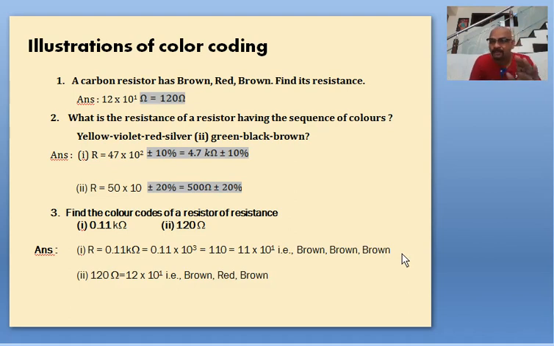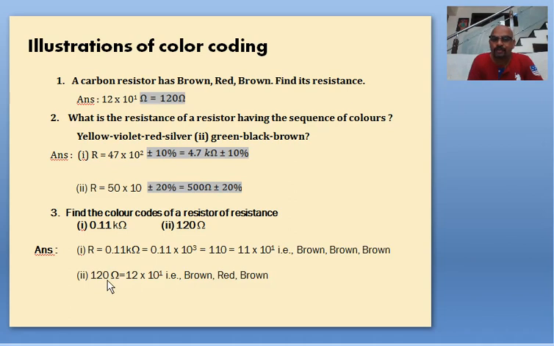So if the value of resistance is given and you want the color code, write in this format: first digit, second digit into 10 to the power something. You have to convert the same number into this form. So see here, 120 ohms.